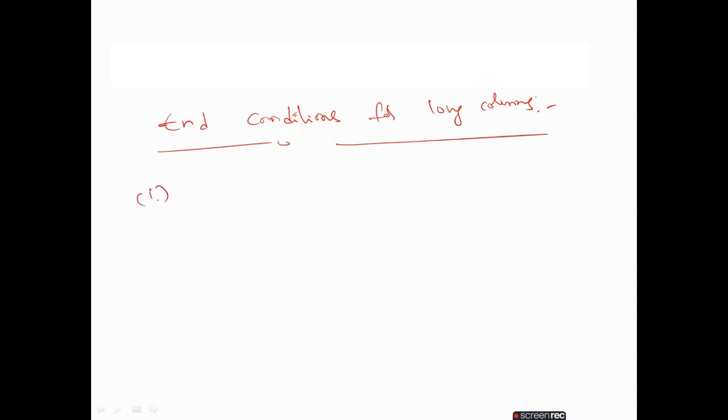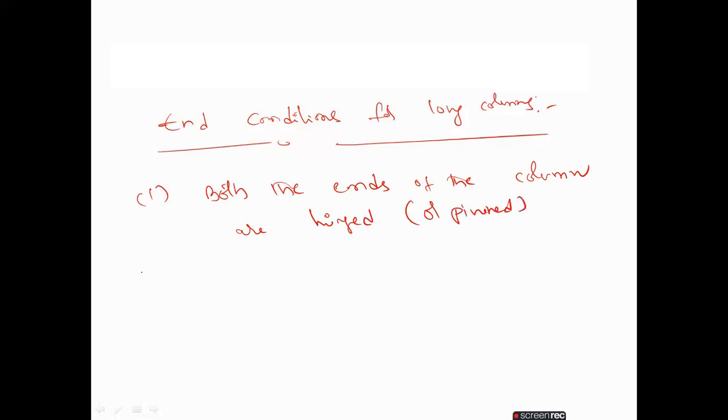The first condition is both the ends of the column are hinged. Hinged or pinned, both are the same. And the second condition is one end is fixed and the other end is free.